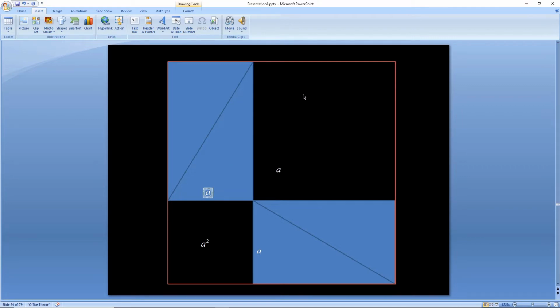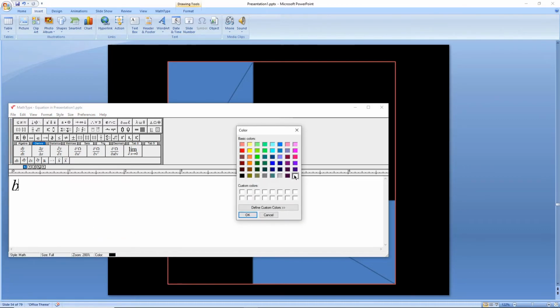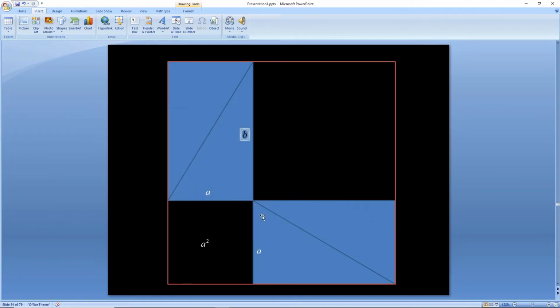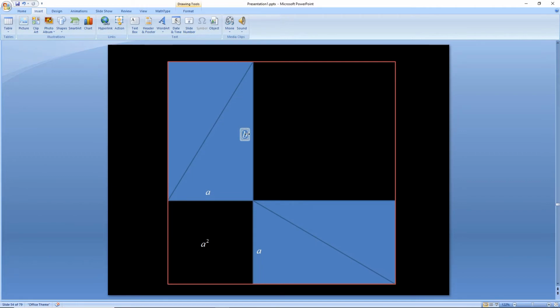Now, if we look at the other black rectangle, or actually squares, I should say, this is side B. So this right here is side B. And this is also side B of our right triangle.